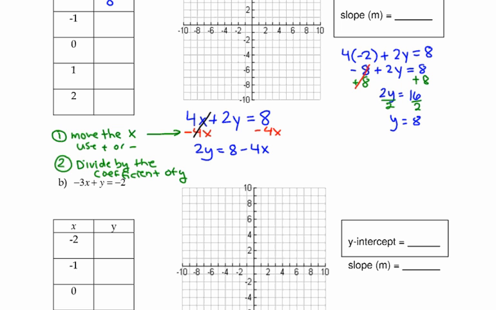So everybody, we're going to divide by 2. 2y divided by 2 is 1y, equals 8 divided by 2 is 4, minus 4x divided by 2.